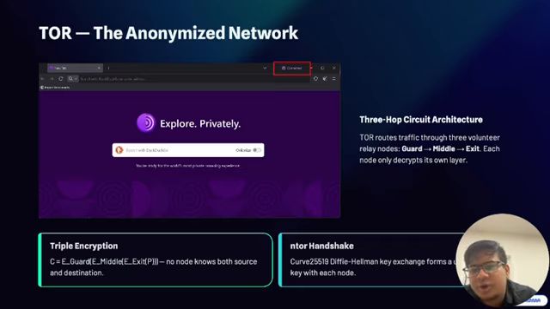Each relay removes only one layer of encryption, meaning that no single relay knows both the source and destination of communication. Tor also uses the ntor protocol based on Curve25519 Diffie-Hellman key exchange to establish secure session keys with each relay.